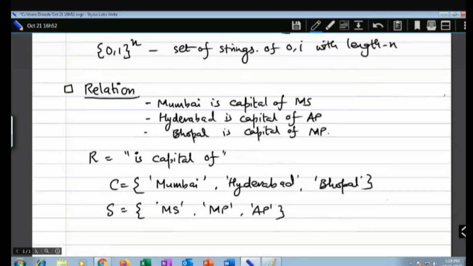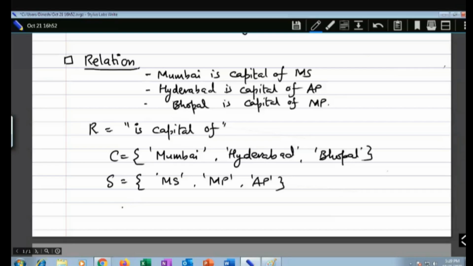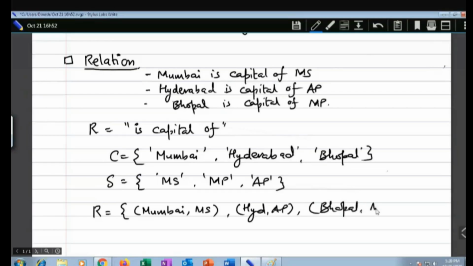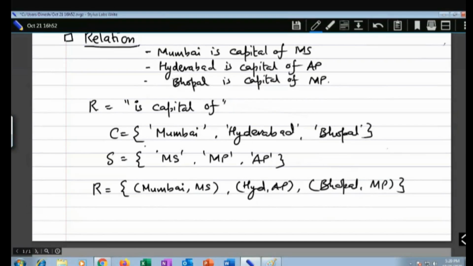So I can define a relation R where I have the pairs Mumbai comma Maharashtra, then Hyderabad comma Andhra Pradesh, and Bhopal comma MP. That's it. So I can define a relation R on the Cartesian product of C and S.